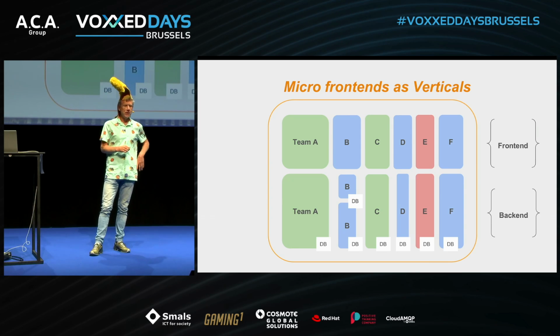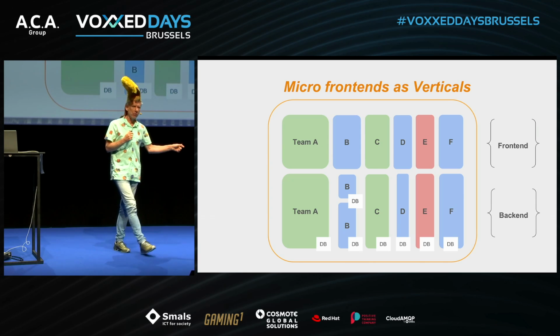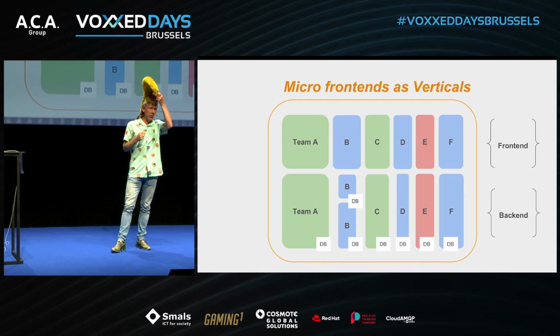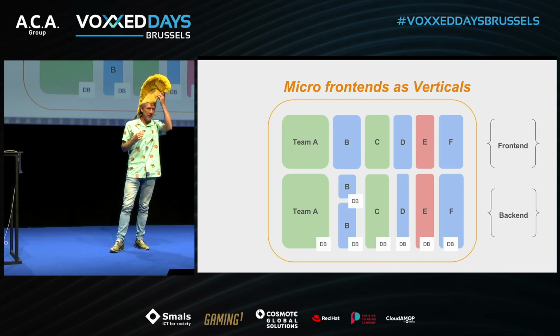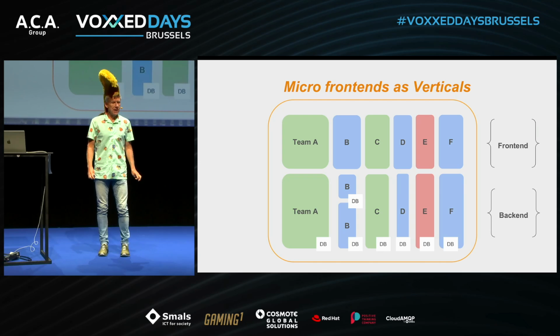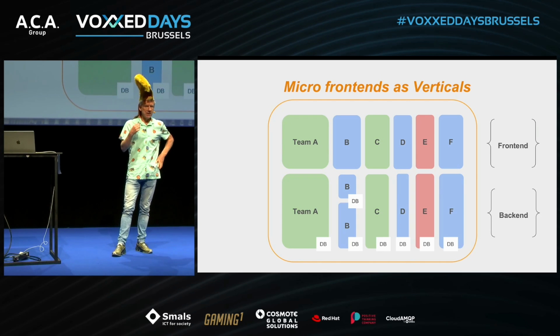Verticals are also called the micro frontends, and they consist of front end and back end, and every vertical is responsible, focused on one business domain, and so a team can focus on one use case, and that is what we in the ideal situation want.